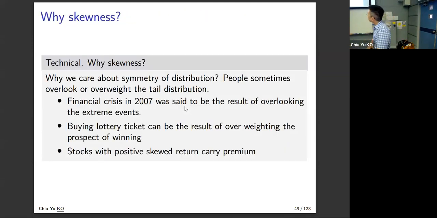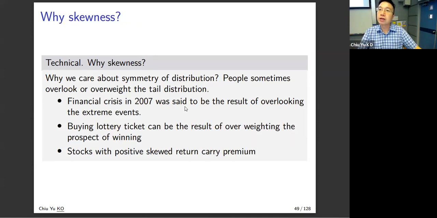So probably you again wonder why we care about skewness. As I said, skewness is actually overlooked in a lot of calculations, and that is a problem. The financial crisis was basically people not looking at the skewness, and that was a problem.